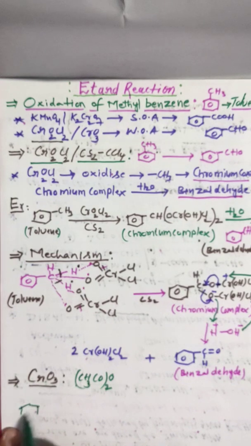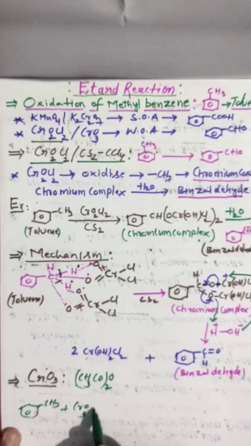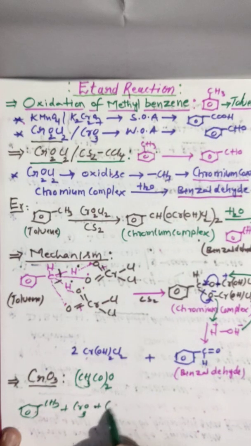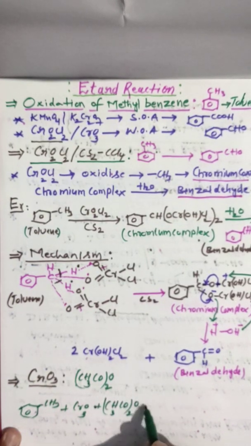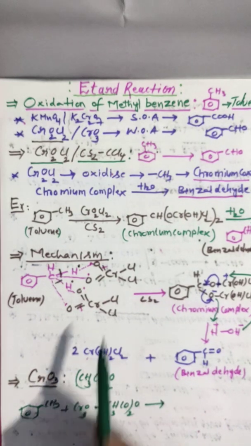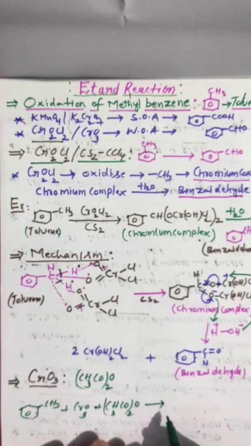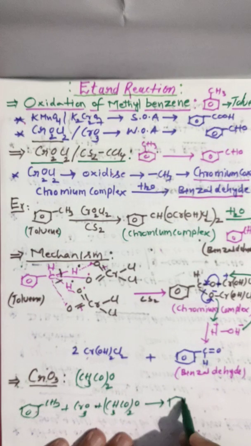So here this is toluene, and in the presence of chromic oxide added to this acetic anhydride, the same kind of bond formation takes place. A complex you are getting, same mechanism.